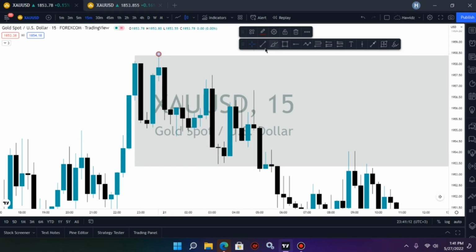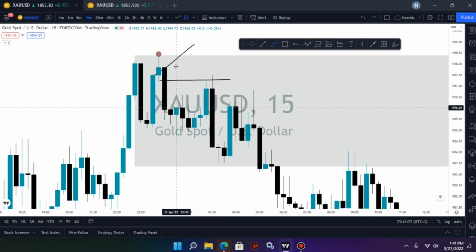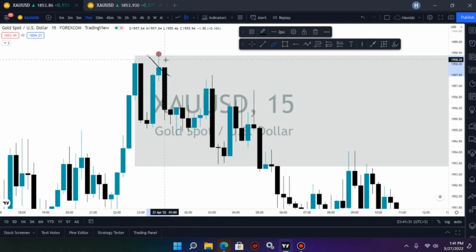So this high was pretty much tested here, boom. That's the test. This S&D zone is now what? Trash. We don't look at it. That's forgotten. We don't have this zone anymore, so that is cancelled.